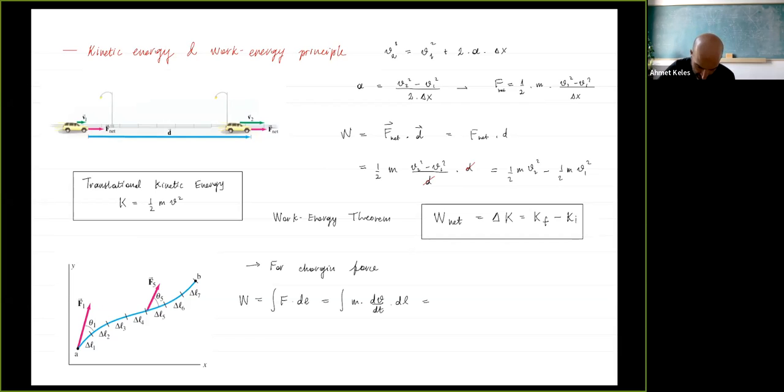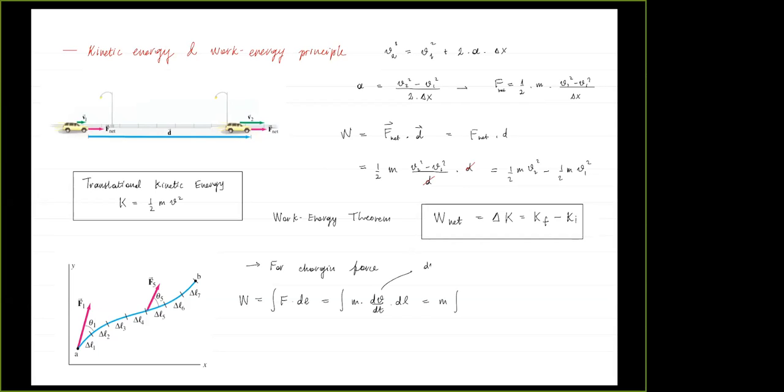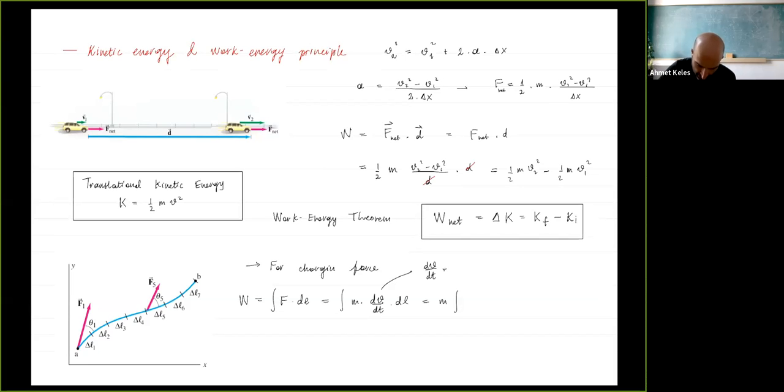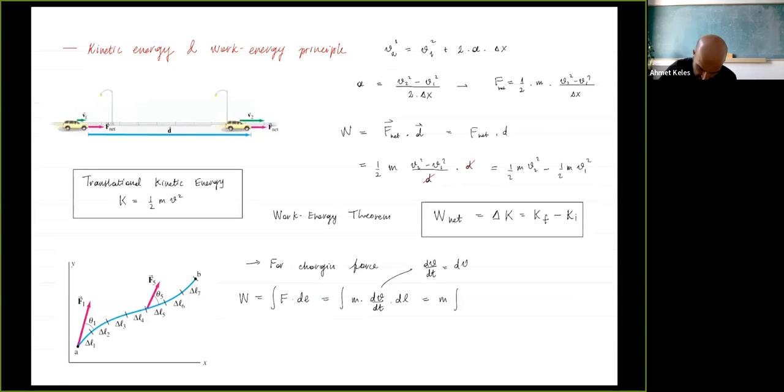I want to take M outside, and write this dV dt using the chain rule: dV dl times dl dt. And what is dl dt?